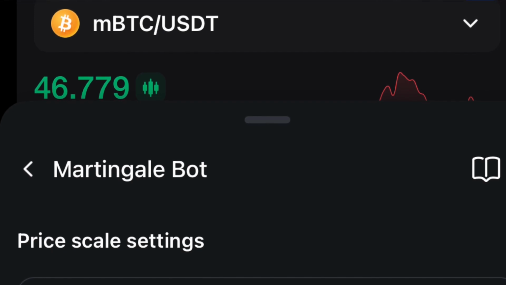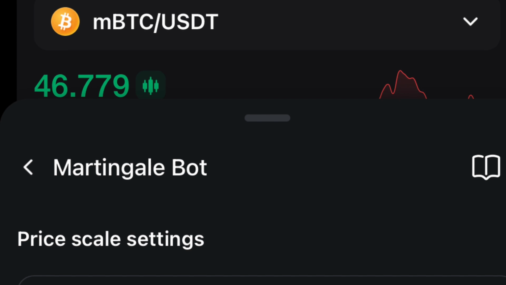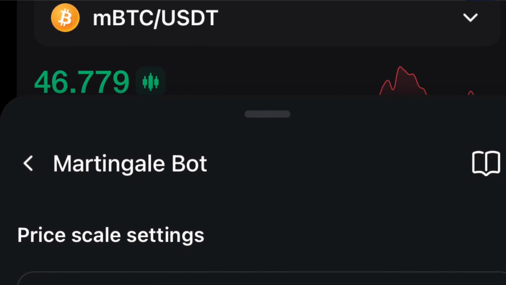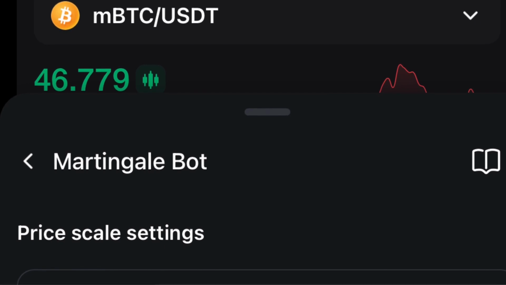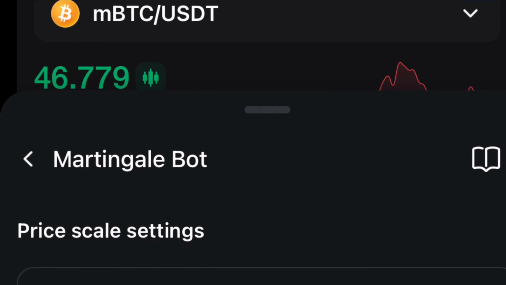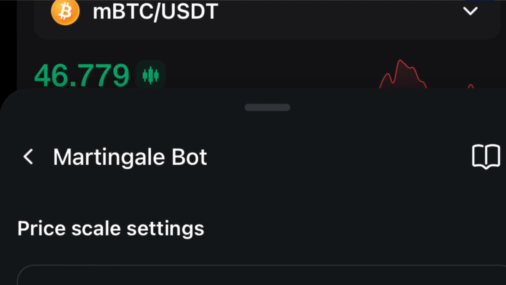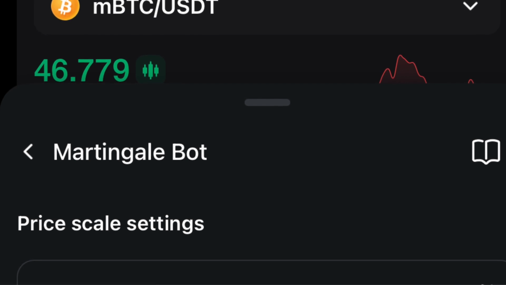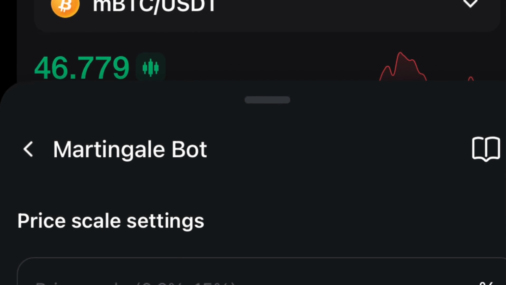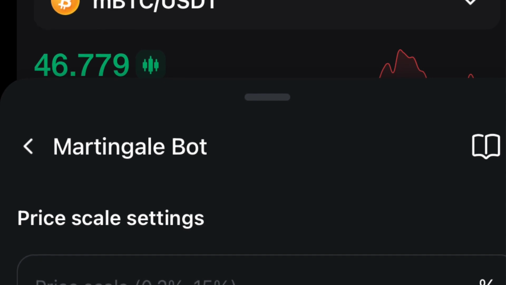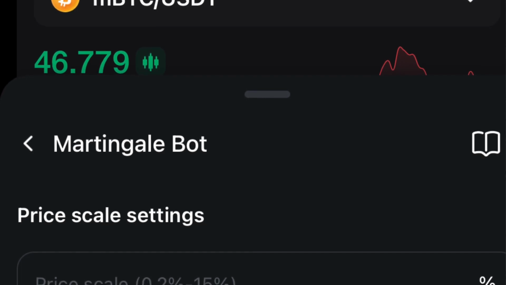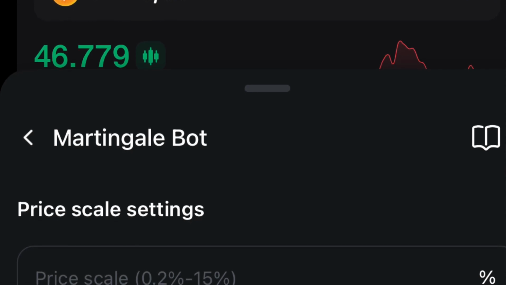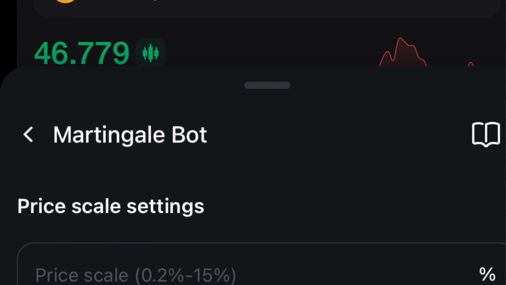For the price scale settings, you will need to put in the price scale and the max rebound. The price scale is what the price is dropping by. It's the percent at which the bot starts another safety order, and Pionex calls them safety orders.